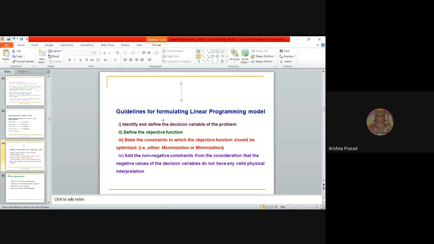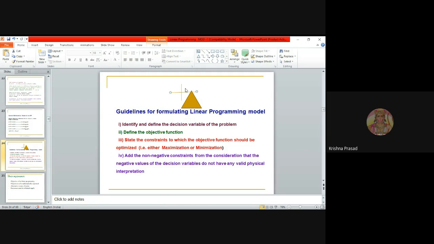Now, when it comes to the non-negative variable, in this particular chart we can find it out.